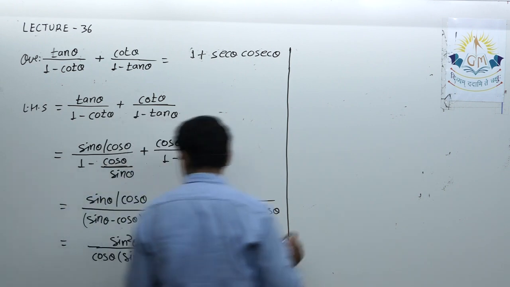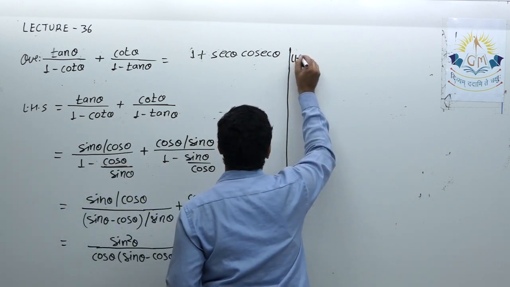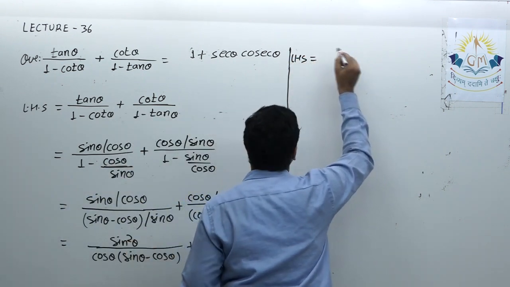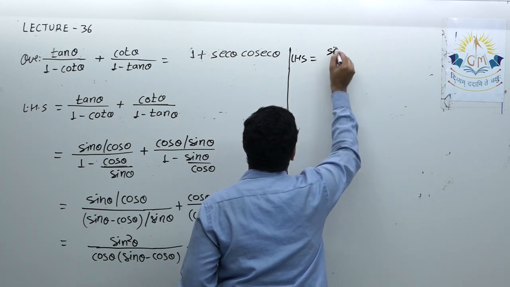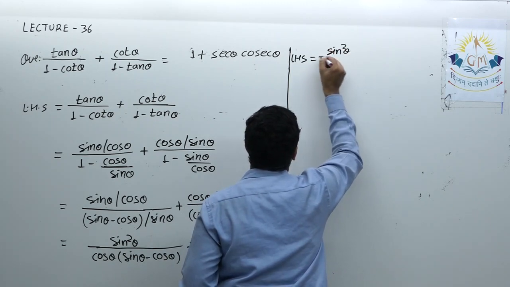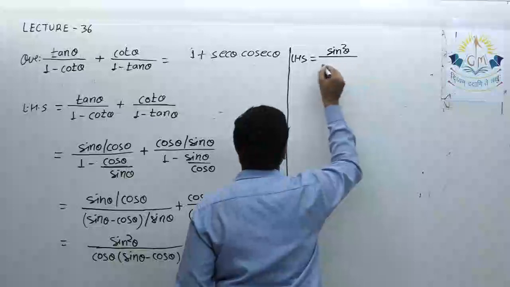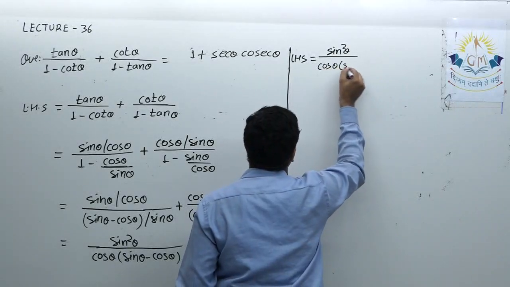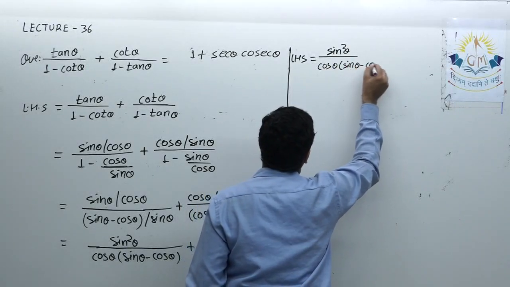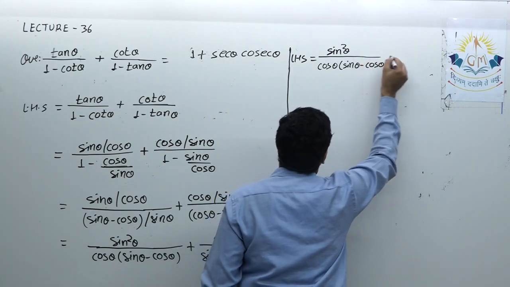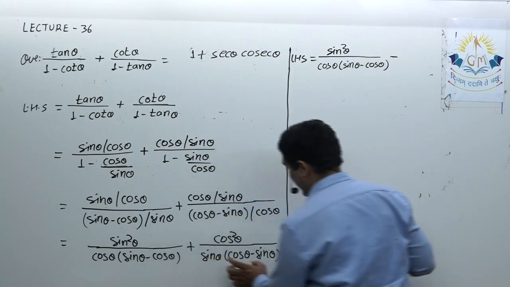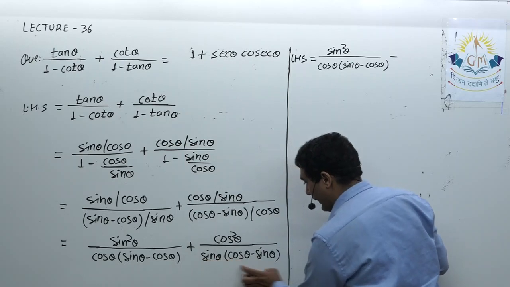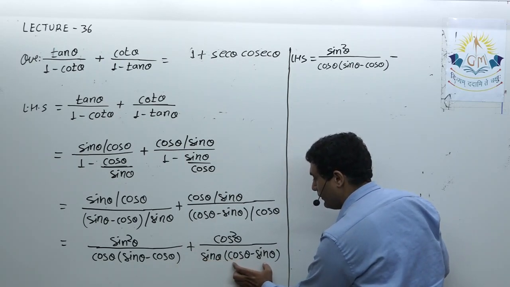Okay, so next step I am writing LHS is equal to sin square theta upon cos theta into sin theta minus cos theta, minus. As I told you, I am making minus so that I can revert the sign of these two.